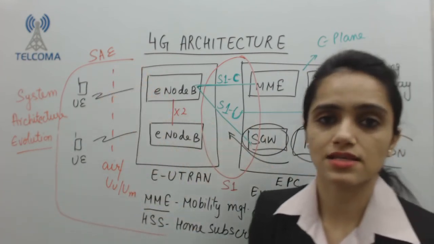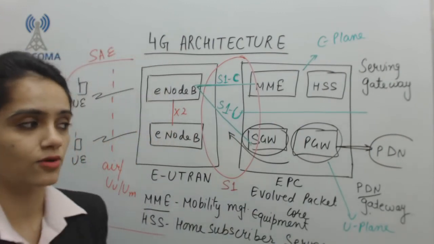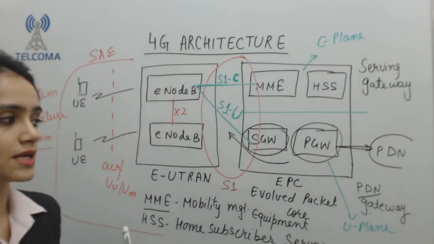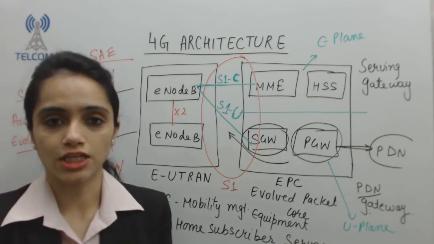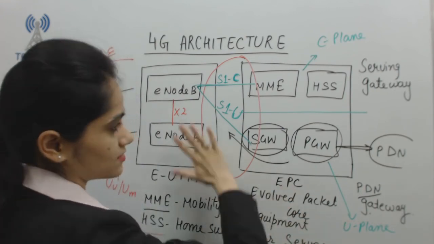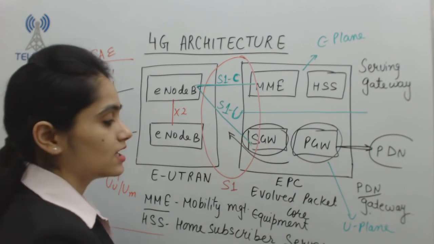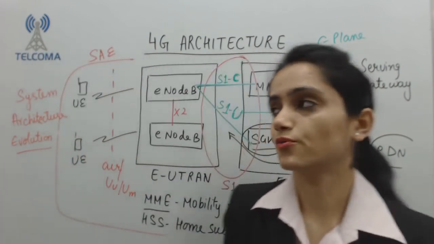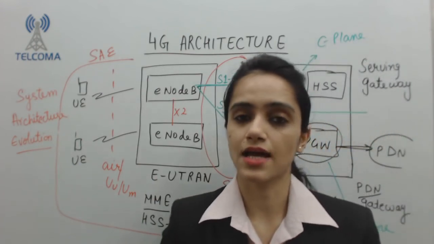Remember that 4G has an aim of 1 gigabit per second for stationary users and 100 Mbps for high mobility users. That means we have a major focus on the data rate, so that's why 4G, which is defined here, is mainly for high data rate speed. So this is about the 4G architecture that we have discussed. Thank you so much.